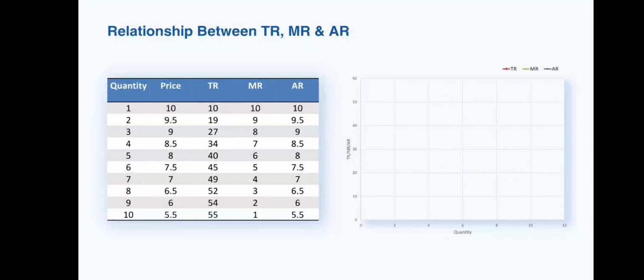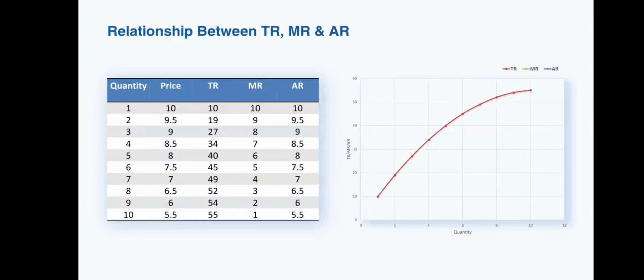And then we calculate the value of MR. We have seen the definition of MR, that MR is the additional revenue earned from selling one more extra unit of output, and the formula is MR equals del TR divided by del Q. So here we see that in the second case the value of MR is 9.